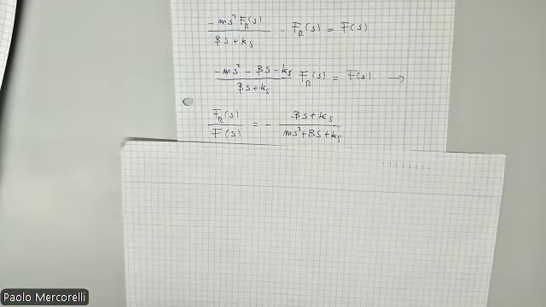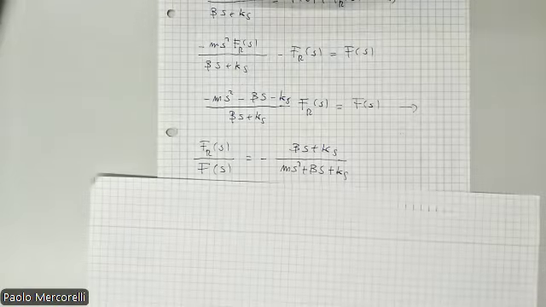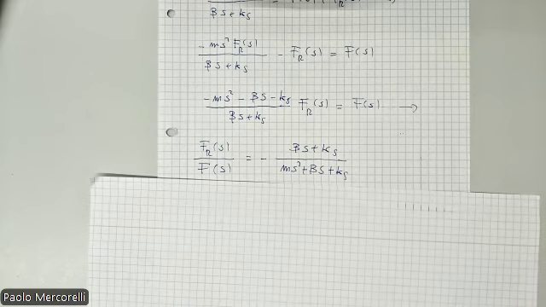If you reread at home how we calculated the first transfer function, Z over F(s), and the second, V over F(s), this one is extremely easy to calculate. In a few minutes I will also repeat a little of what Tamo asked me.